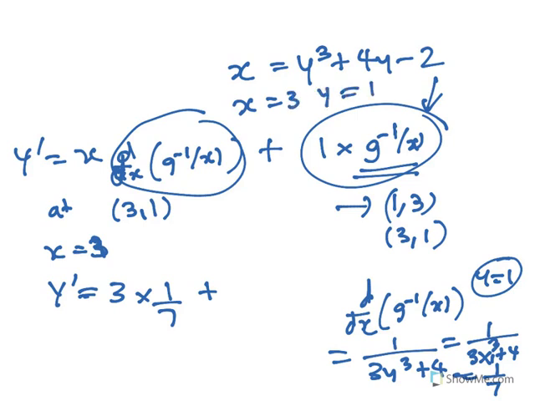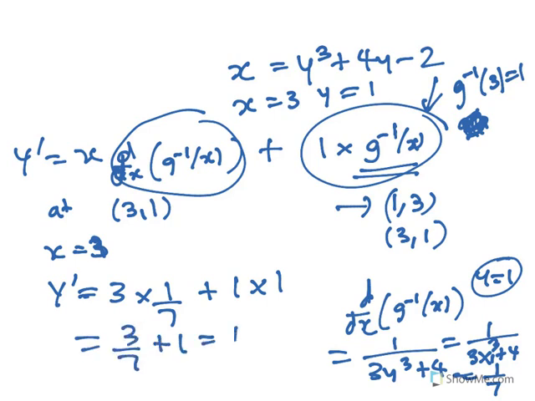The y value would be 1. So that's g to the minus 1 of 3 actually equals 1, because on the new graph the x and the y are swapped. So finally that ends up being 3 on 7 plus 1, which is 1 3/7, or 10 on 7.